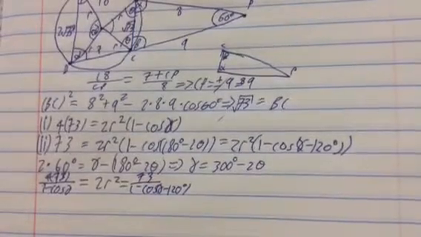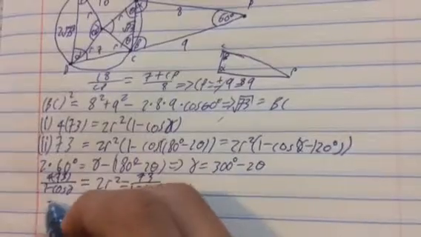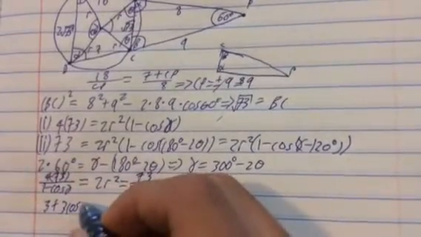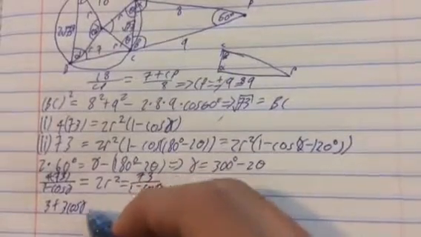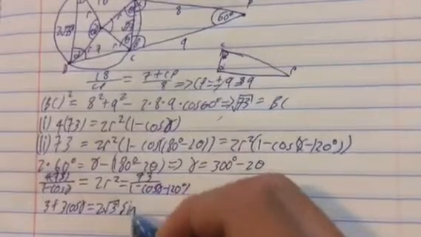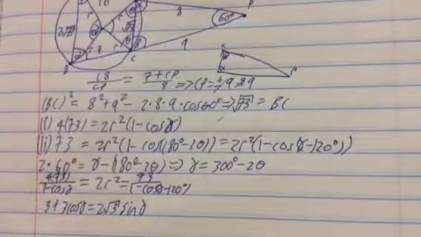After a lot of arithmetic, a lot of trigonometric algebra, we're going to drive down to 3 plus 3 times cos beta, 3 times 3 times cos gamma, is equal to 2 times root 3 times sine gamma. That's what we're going to get after a lot of arithmetic over here.